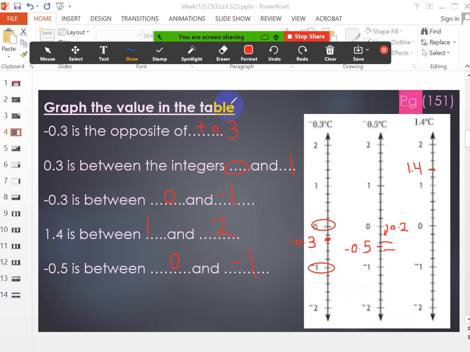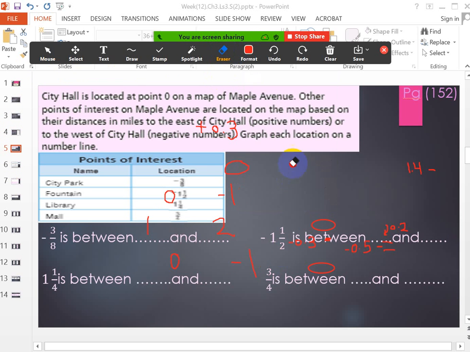Now, I think you understand it. Okay, girls, let's move to another example of how we locate rational numbers on the number line. Have all of you finished this page, girls? Okay, let's move to another example. Of course, this example is a problem, and you have a table.